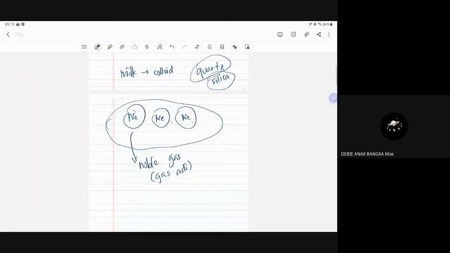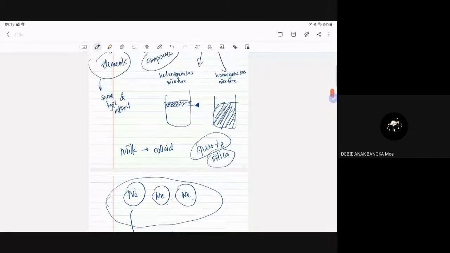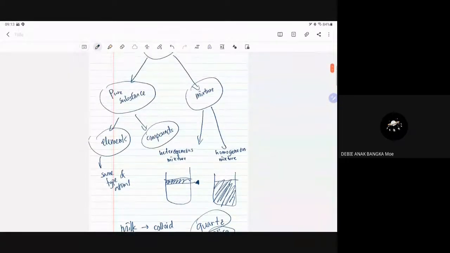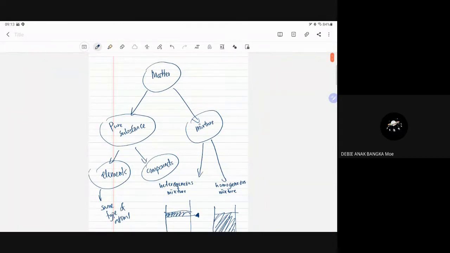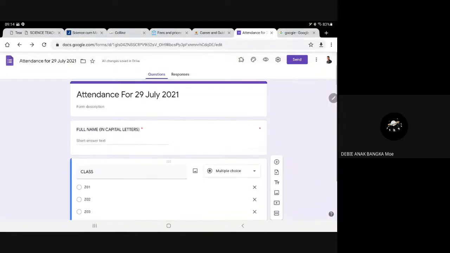Ada soalan lagi? Kalau tiada, I'll proceed briefly to the question exercise yesterday. Tadi this morning I have written back your work with the feedback. So kamu sepatutnya dapat balik dalam email yang kamu gunakan. You should have gotten your response with your answer and my feedback. Tapi kalau tak dapat, then that's okay.